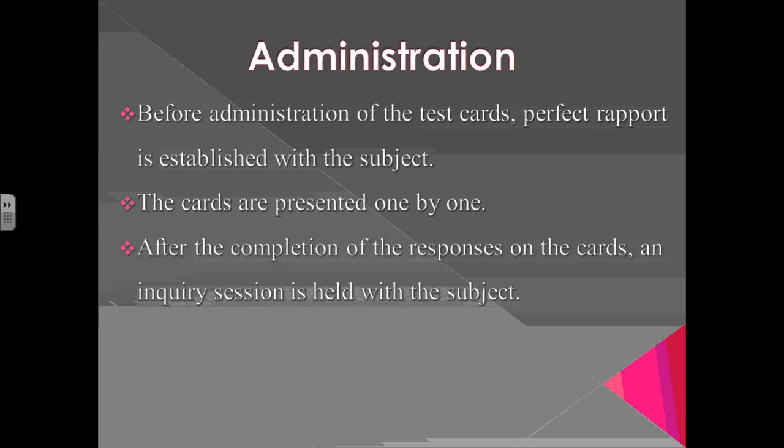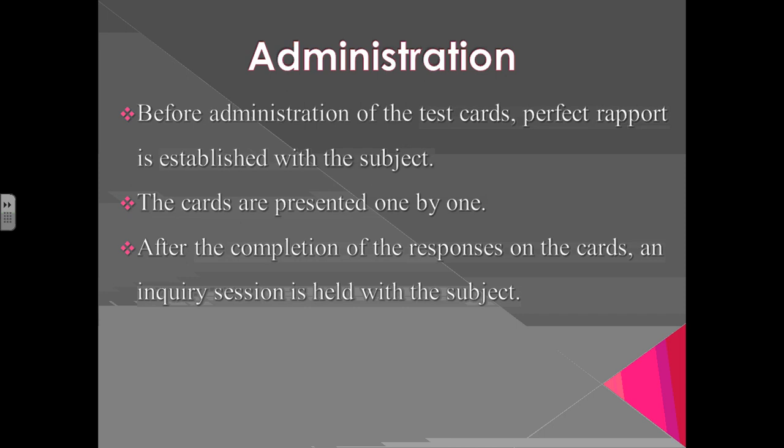After the completion of the responses on the cards, an inquiry session is held with the subject, such as, what might this be? Or what does this remind you of?